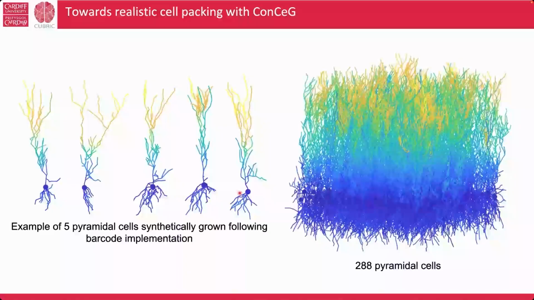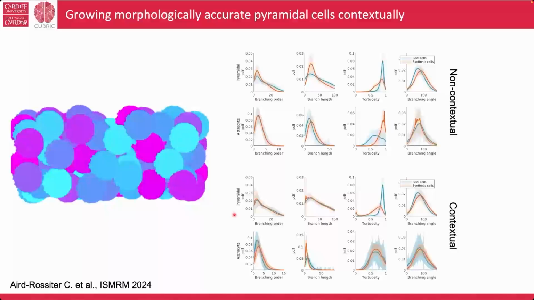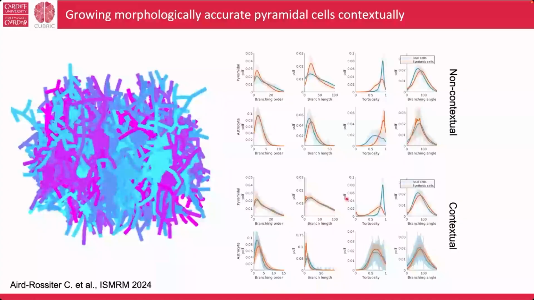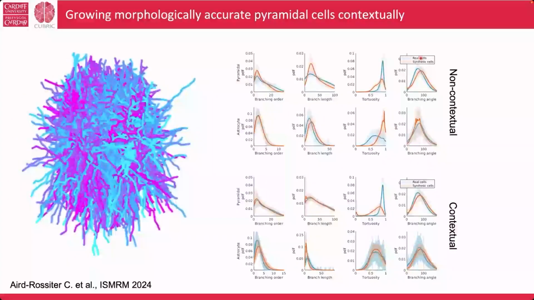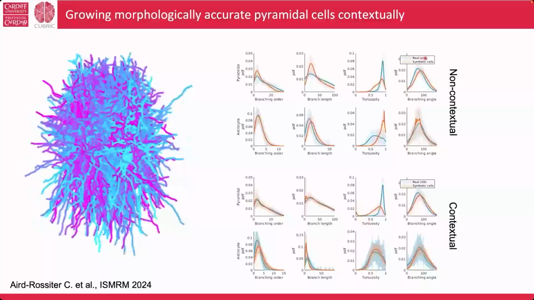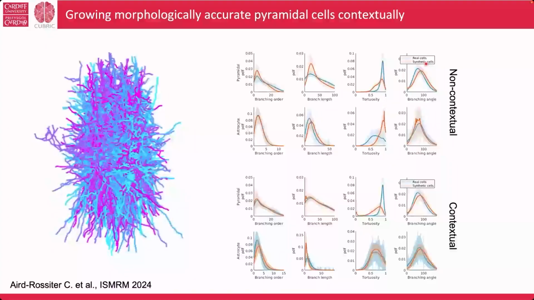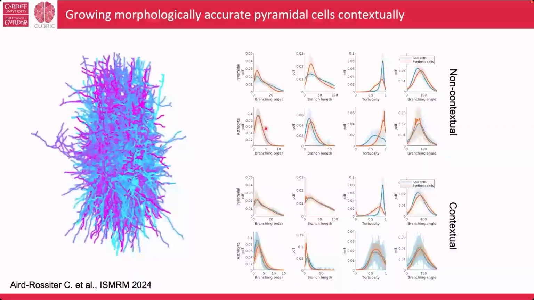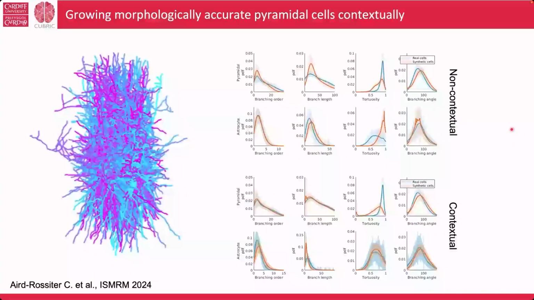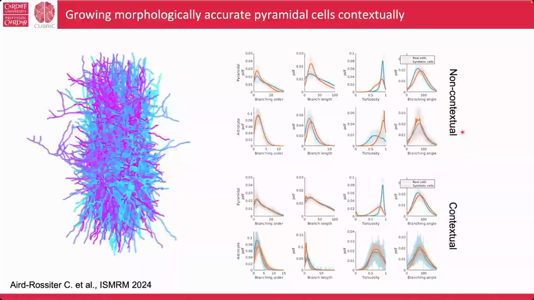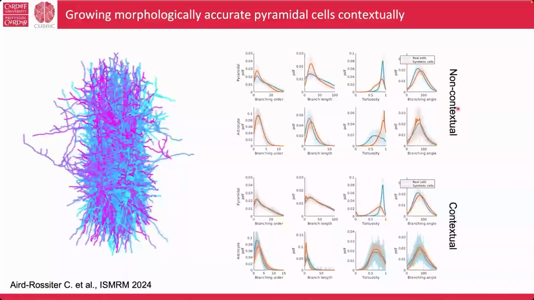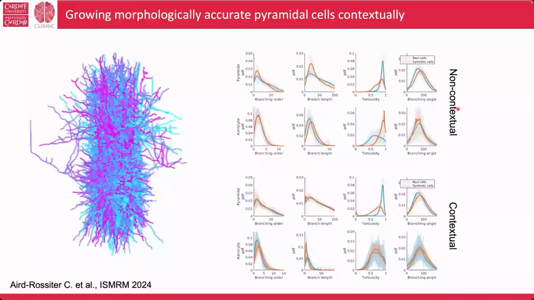And here we demonstrated last year at ISMRM that the final results, so in red is the real cells from the reconstruction, and in orange is our generative model, mirrors very well the distribution of features when we grow them individually. And this basically confirmed the results we obtained in 2019.